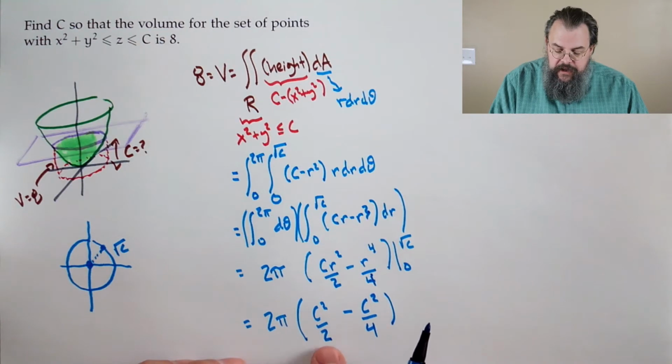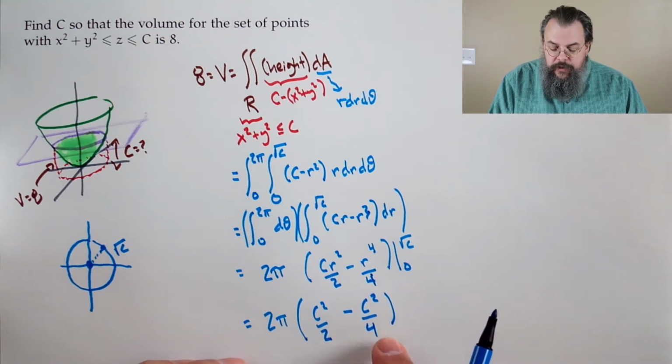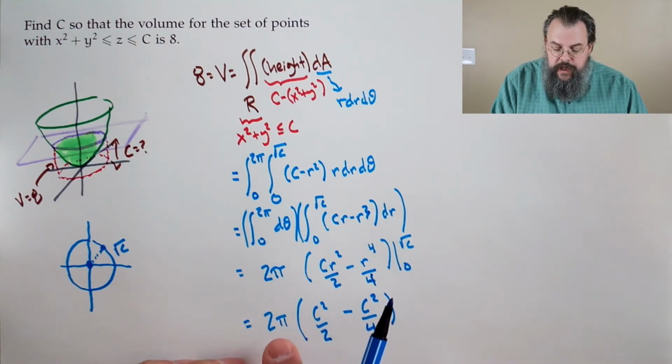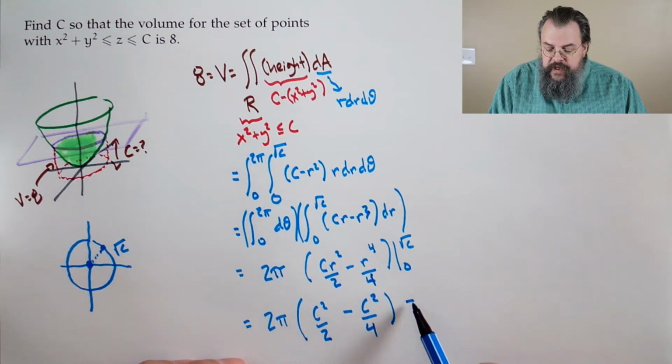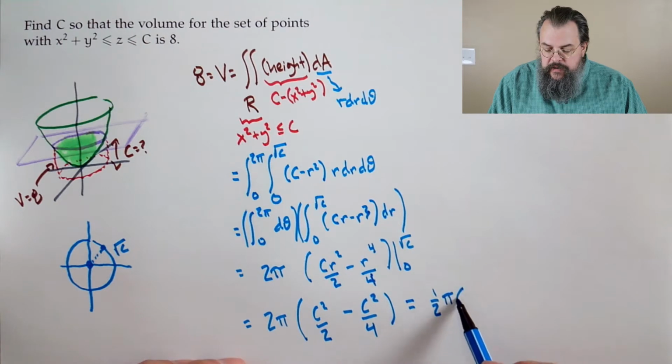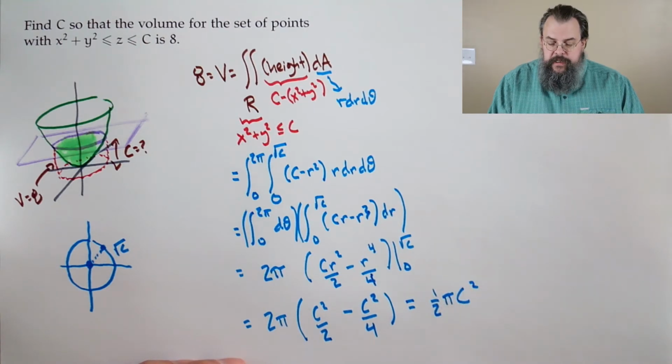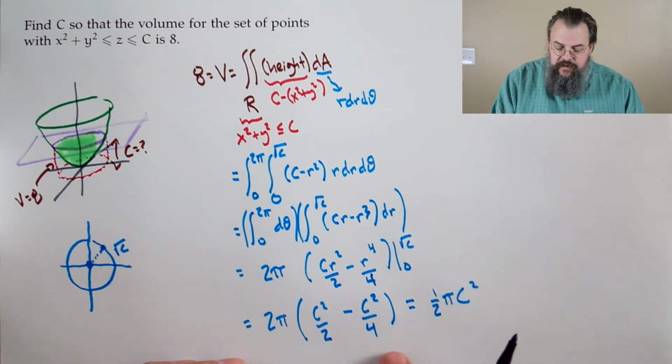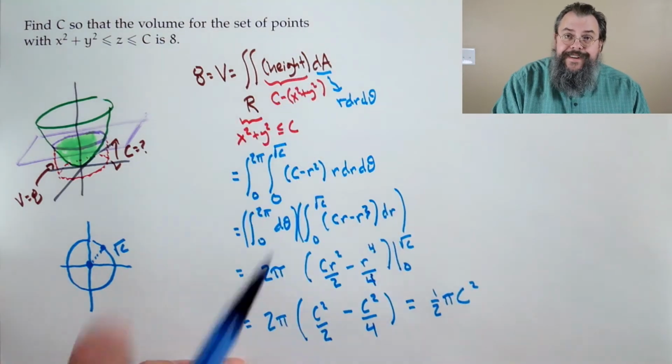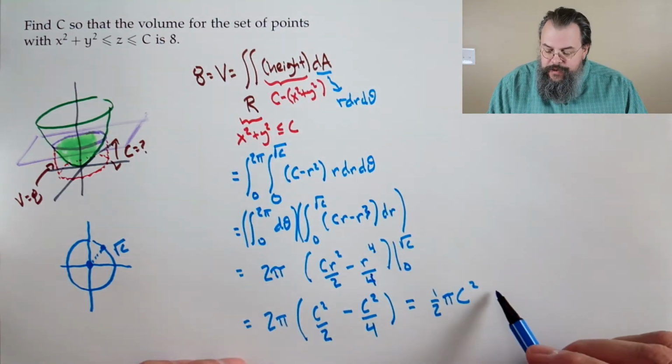Well, okay, so you have a half minus a fourth, which is a fourth, then times by 2, don't forget that. So if you clean this up, you end up with 1/2 pi c squared. Now, remember, this is 8. So we rearrange.